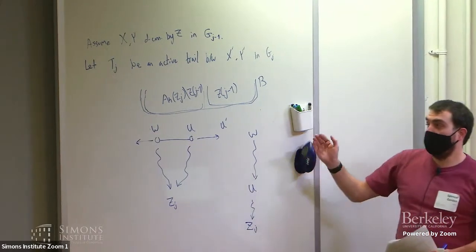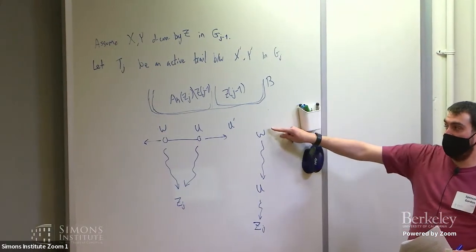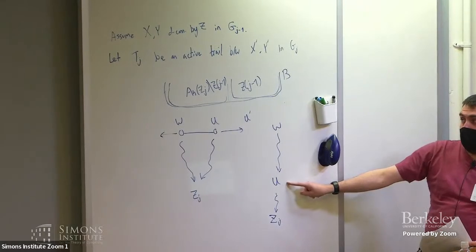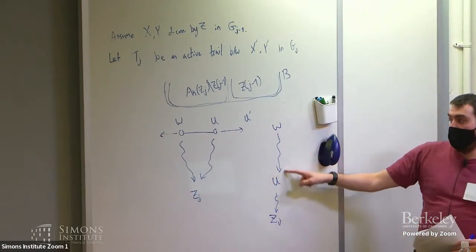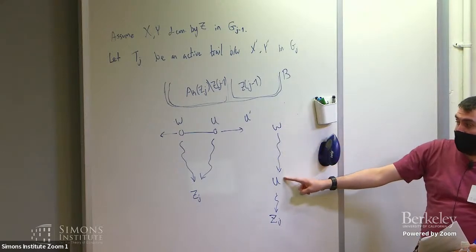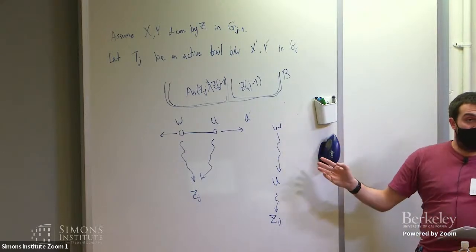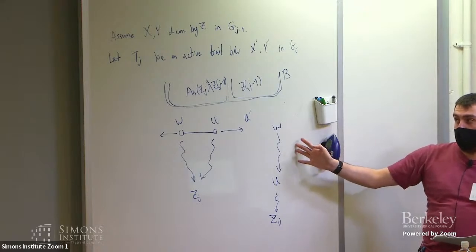But instead, what we could do is take the W to U path directly, and then we have a directed path, and that's still an active segment.